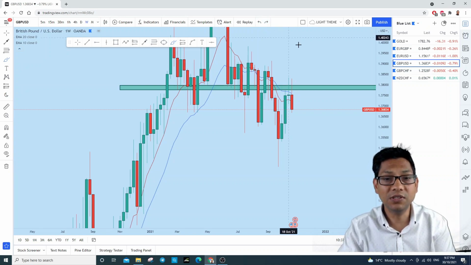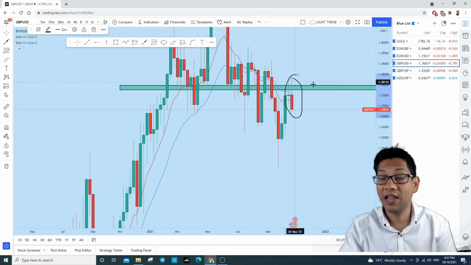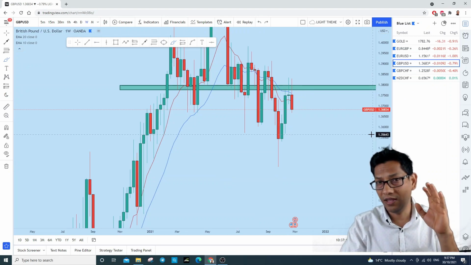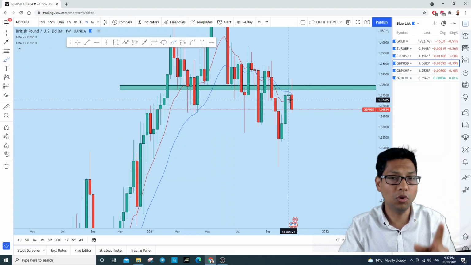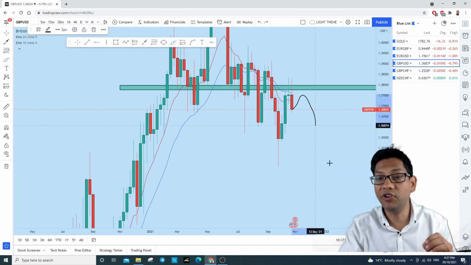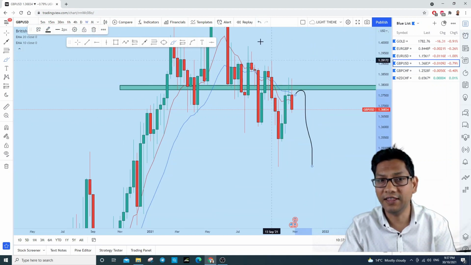At this point, this week the price has created another bearish engulfer. So what is likely to happen? As you know, the monthly candle is closed, and this weekly candle is closed. So in the new trading week, we might see a little bit of retracement to this zone, complete this head and shoulder, and then drop.